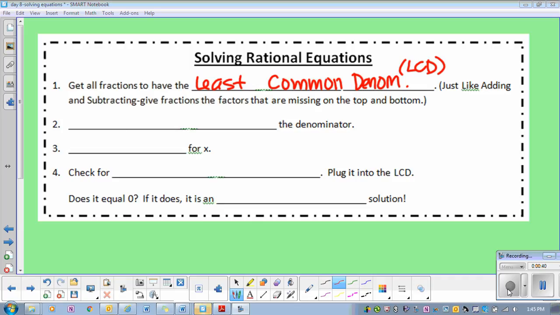All right. Then the second step is to cross out, and not too crazy, just lightly cross out or ignore the denominator.